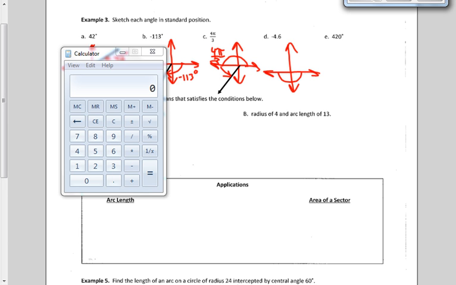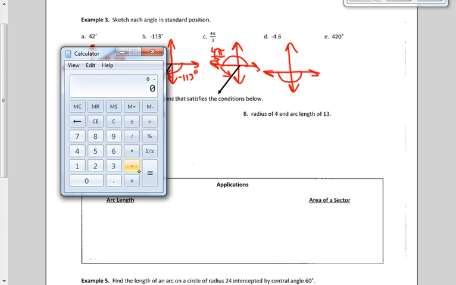If I pull up that calculator, I've got negative pi, and then my next one is going again a negative pi over 2, so I'm at negative 3 pi over 2.